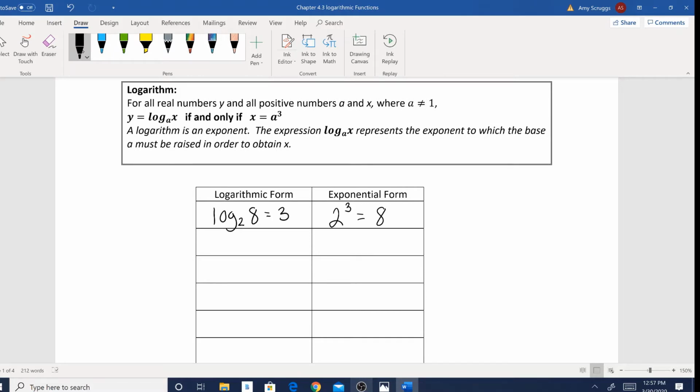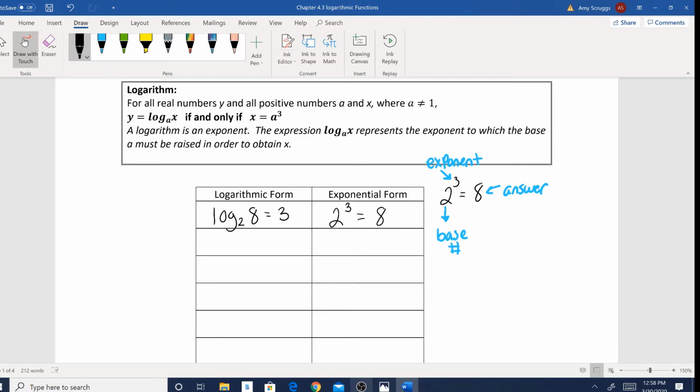Now, in order to understand where I'm coming from here, let me label some stuff. I'll do this in blue. 2 is our base number. Of course, 3 is our exponent. And I called 8 our answer, or our solution, or whatever you want to call it.